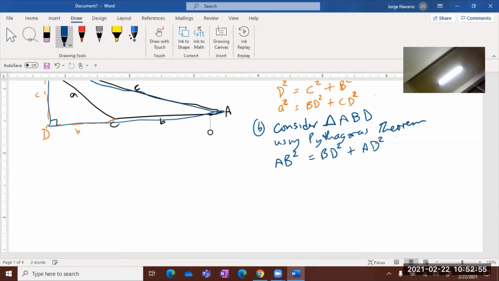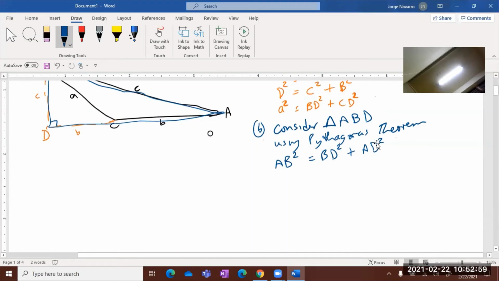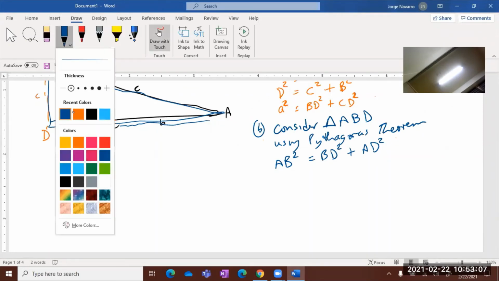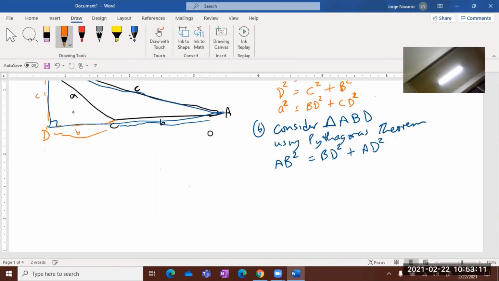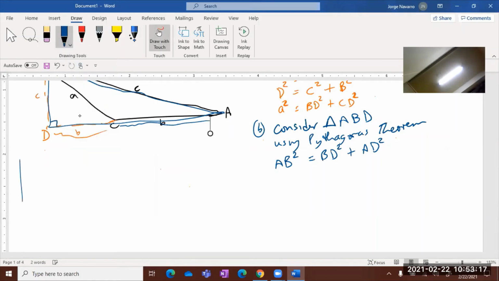Now the problem with this is that AD has a real part, which is this part, and it has an imaginary part, which is this part right here. So that's the imaginary part and that's the real part. I need to deal with that, all right?